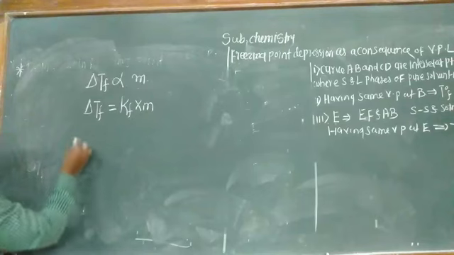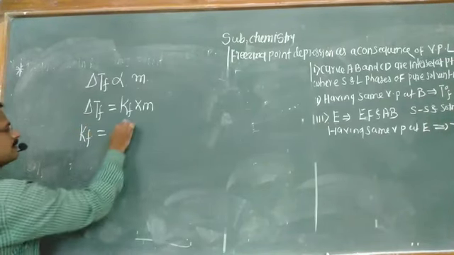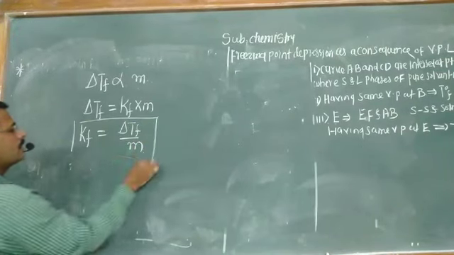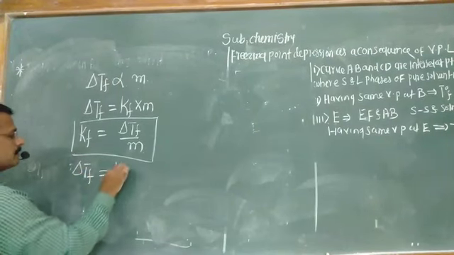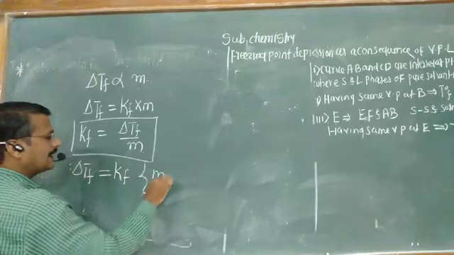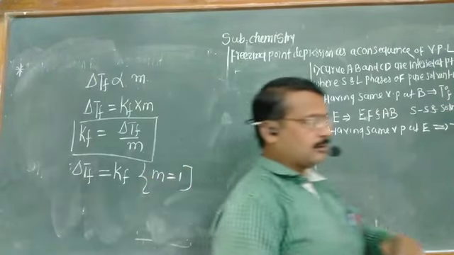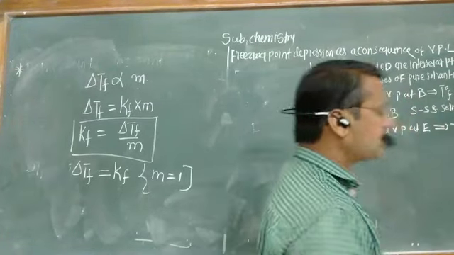Okay, simplifying this equation, Kf is equal to delta TF upon m. Then again we have written that delta TF is equal to Kf when the molality is equal to 1. So this is the cryoscopic constant. What is the unit of the cryoscopic constant?